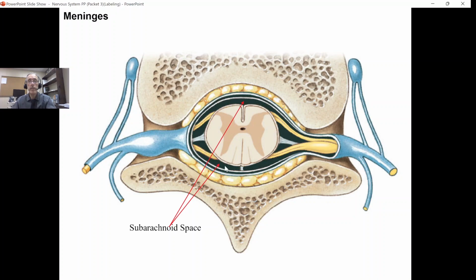What's important about this space is that it contains CSF, which stands for cerebrospinal fluid. We're going to see there are a couple places in the nervous system that have cerebrospinal fluid. This is the first one that we're looking at. So basically, our spinal cord and even brain is floating in water. All of this would be filled with water.